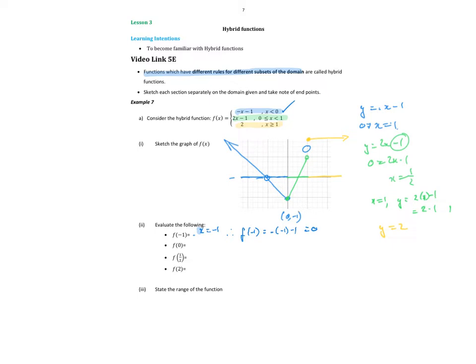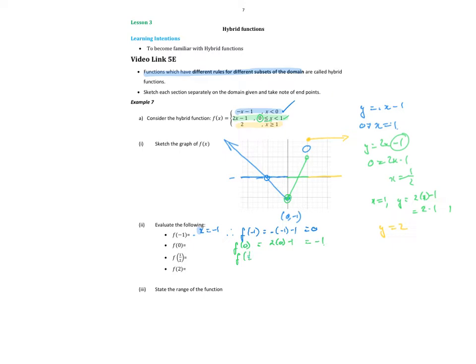F of 0. Let's look at our graph. Whereabouts does 0 fit? 0 fits into the green function here. So f of 0 is equal to 2 times 0 minus 1, which is equal to -1, which is that point down there. What about f of a half? A half fits into the green function as well because it's between 0 and 1.